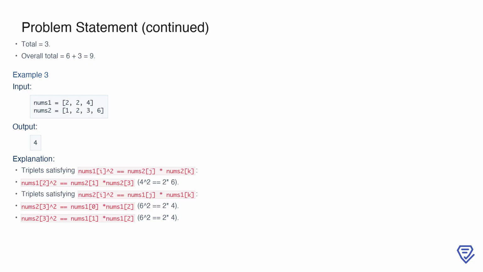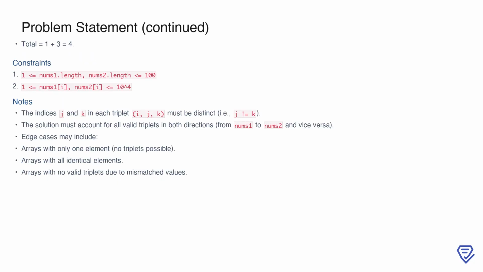Next, for the reverse condition where nums2[i]^2 equals the product of two elements from nums1, there are 3 valid triplets. All 3 involve nums2[3]^2, or 36, being equal to the product of 2 and 4 in various combinations. Adding up the results for this example, we have 1 triplet from the first condition and 3 triplets from the reverse condition, giving us a total of 4.